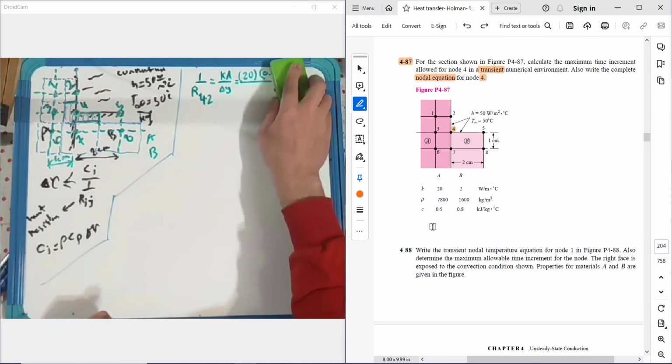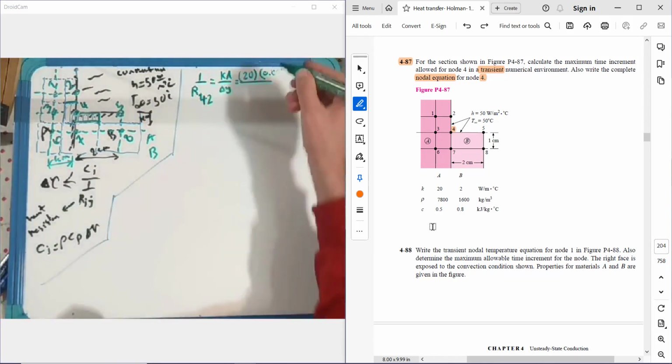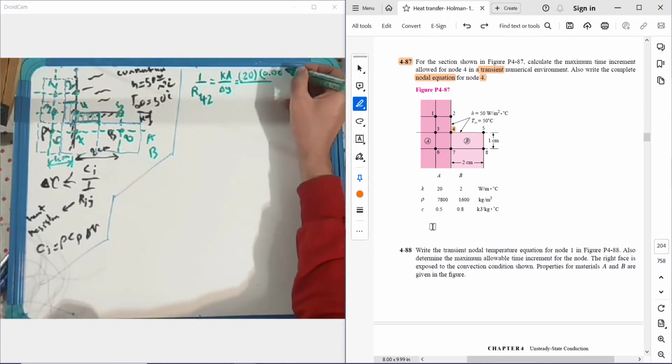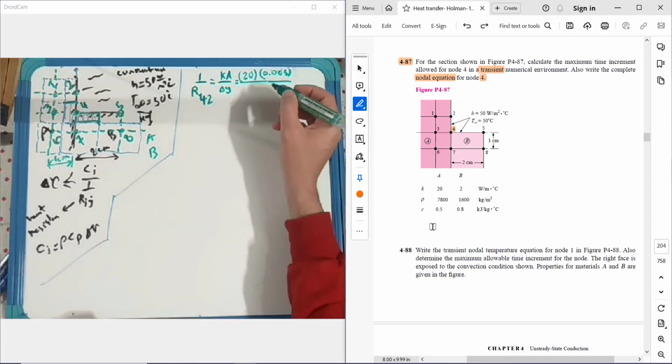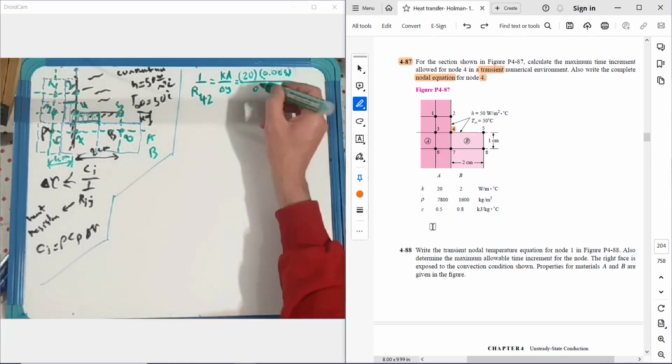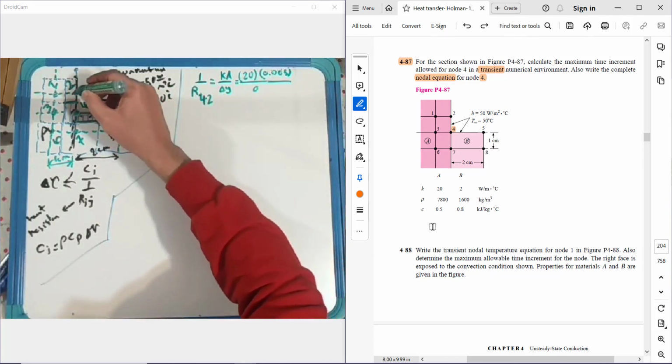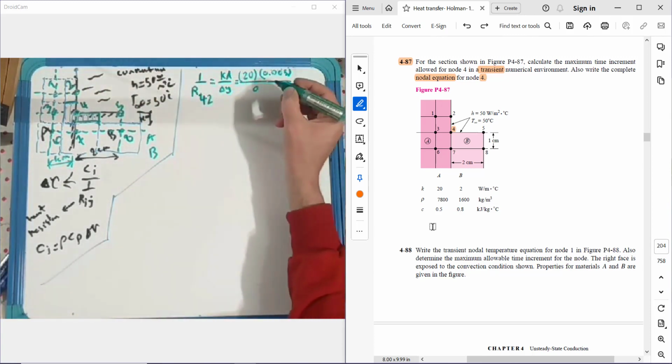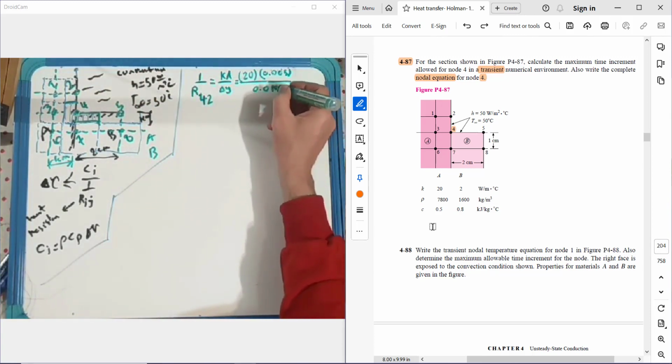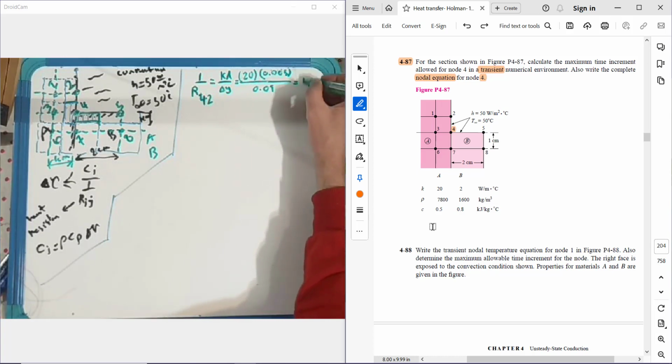So I should correct it. And delta Y from point 4 to 2 is 1 centimeter.